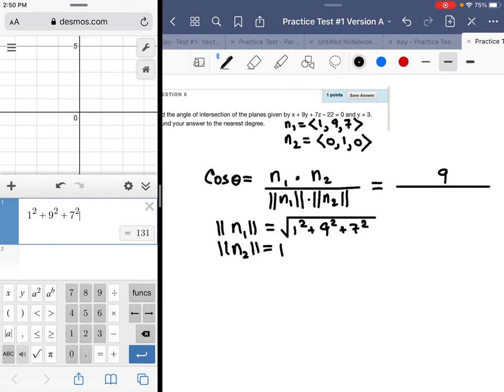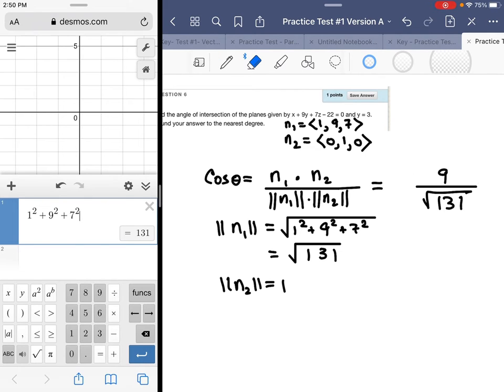It sure is. So it's 9 over, really that's the product of these two things, 9 over the square root of 131.